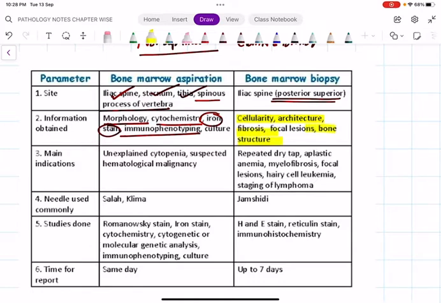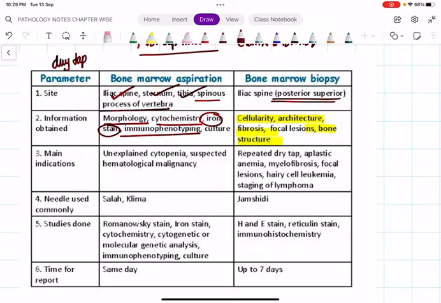Imagine the bone marrow is completely fibrosed; will you be able to aspirate anything? No. Just like drinking a vanilla shake, can you suck it all at once like a juice? No, definitely not. So imagine that is the condition like fibrosis. When the bone marrow is completely fibrosed, you cannot aspirate and you will get what we call a dry tap.